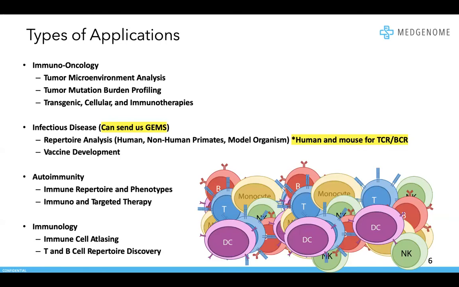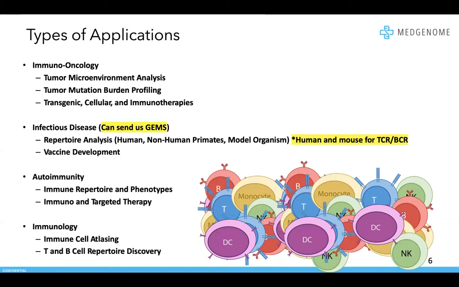So as I said, a lot of our clients work in immunology related fields and might benefit from single cell TCR or BCR. So here are just a few examples of ways our clients use this service. The range of applications that our clients use is pretty wide, starting from immuno-oncology. This could be gaining an understanding of tumor microenvironment or tumor mutation burden.